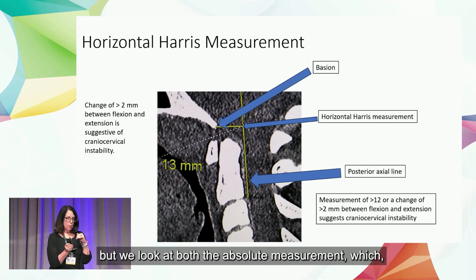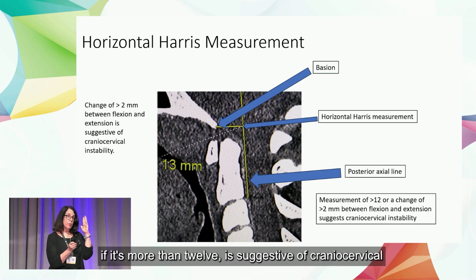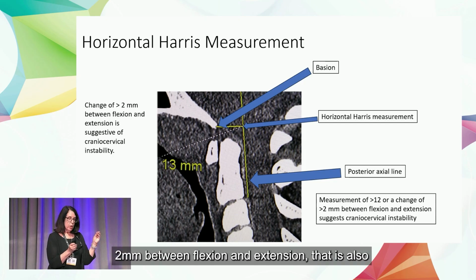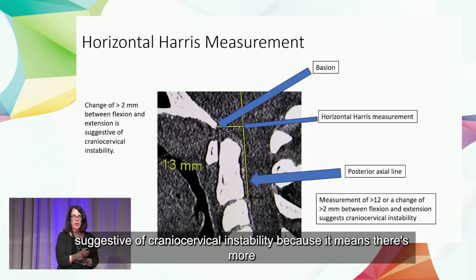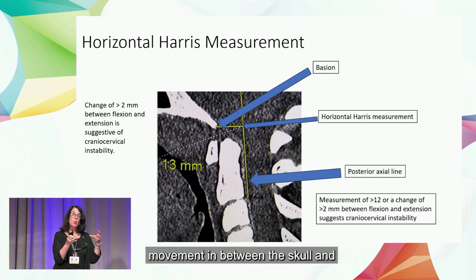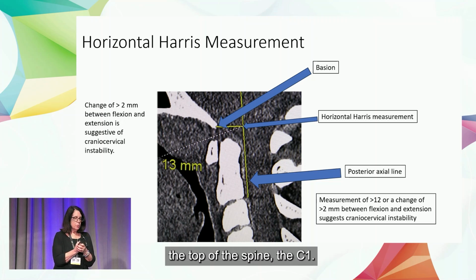But we look at both the absolute measurement, which if it's more than 12, is suggestive of craniocervical instability, or if there's a change of more than 2 millimeters between flexion and extension, that is also suggestive of craniocervical instability, because it means there's more movement between the skull and the top of the spine, the C1.